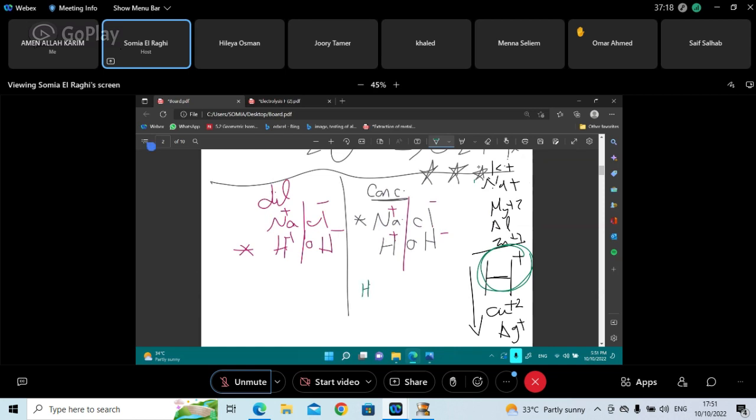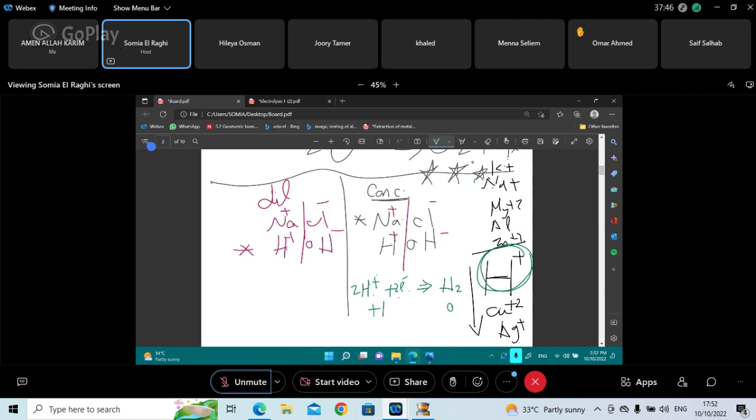I write down here H plus, plus e, will get hydrogen, which is always diatomic. So 2, 2, and 2. I think all of you are familiar with writing this equation. Yes or no? Anyone has difficulty writing down this equation? Omar, it's okay? The kind of reaction is what? Reduction, or the oxidation number decreased.